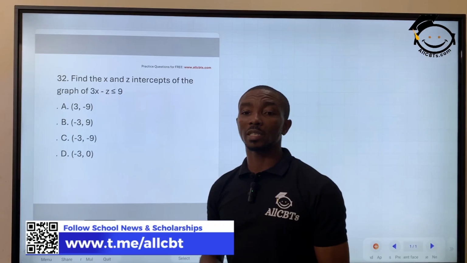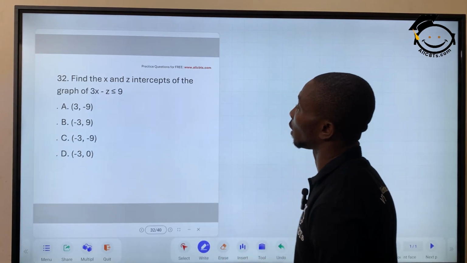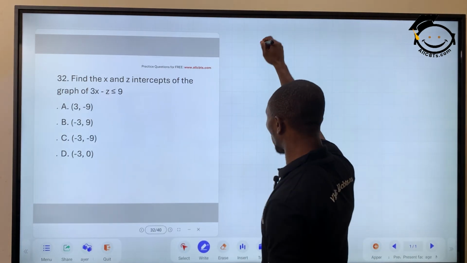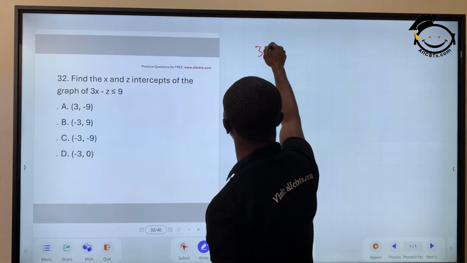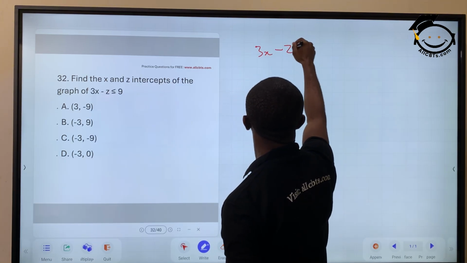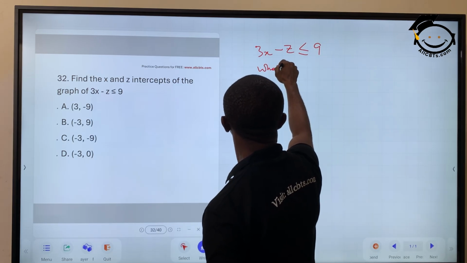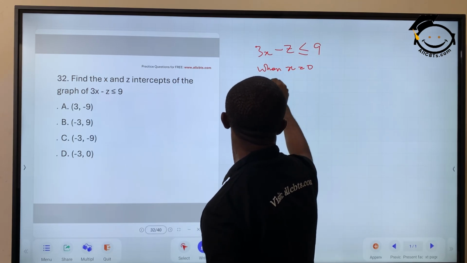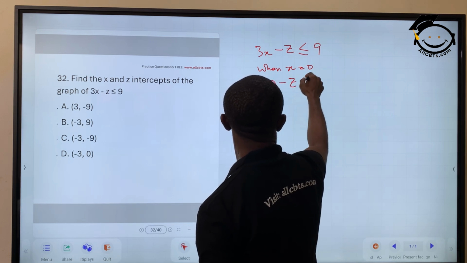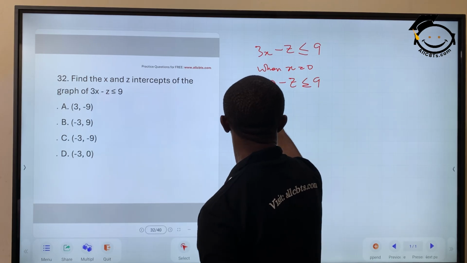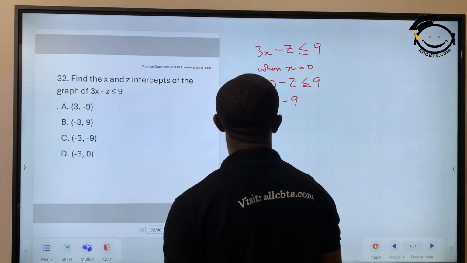Okay, our next question says find the value of the x and z intercepts of the graph. If you're looking for the x intercept and z intercept of 3x minus z equals 9, when x equals 0, this becomes minus z equals 9, so z will give us minus 9.